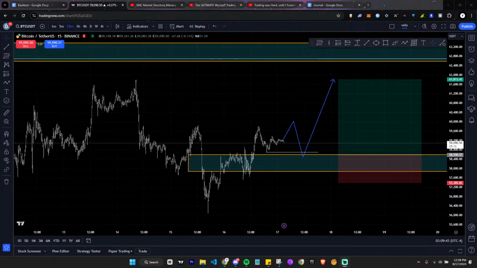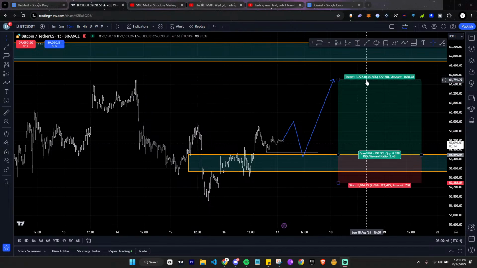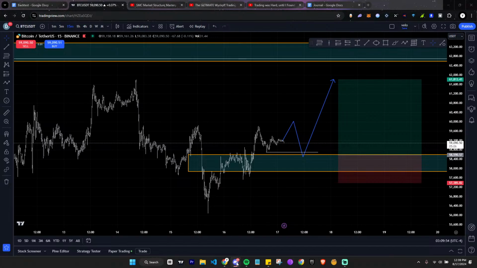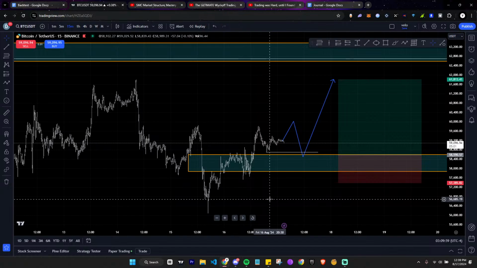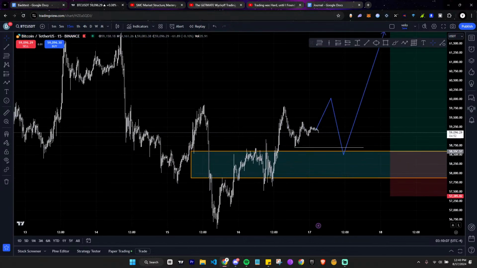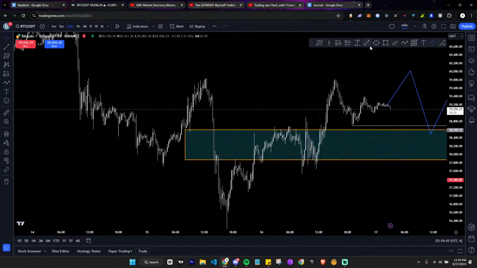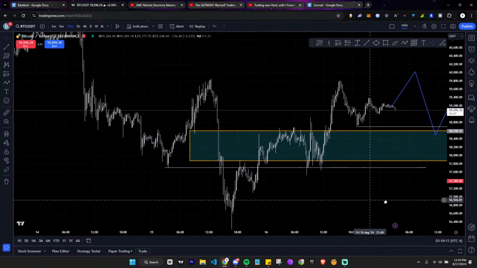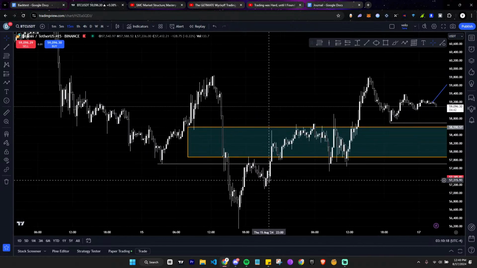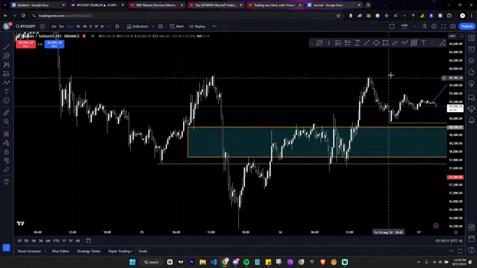Yes, sir. Gotta get better at this. We sweep this liquidity right here, and then we see this fair value gap tapped into, and then we go higher from here.